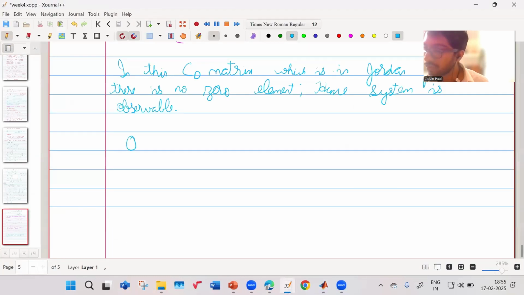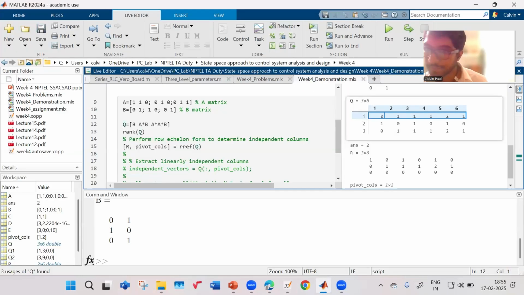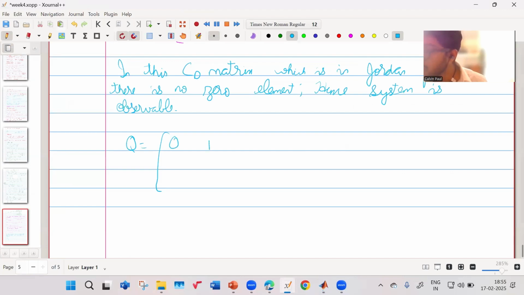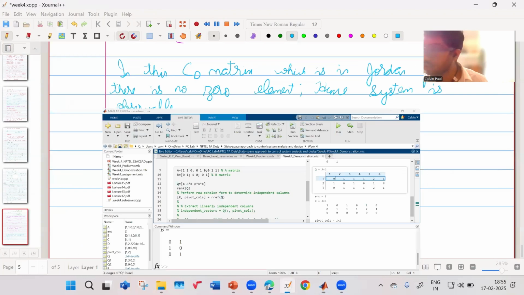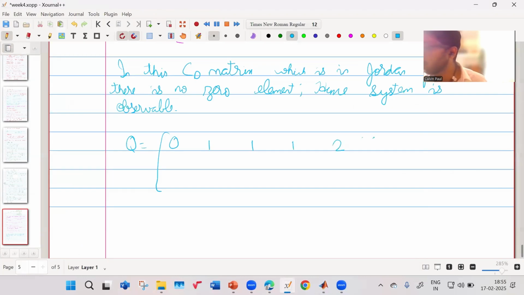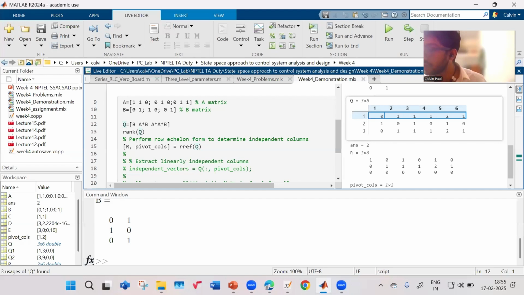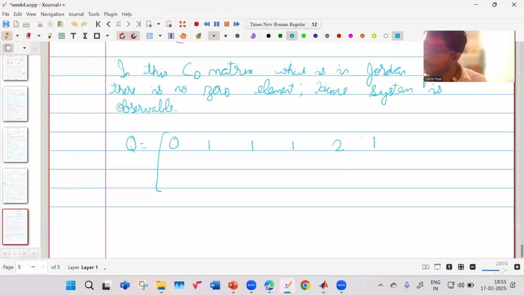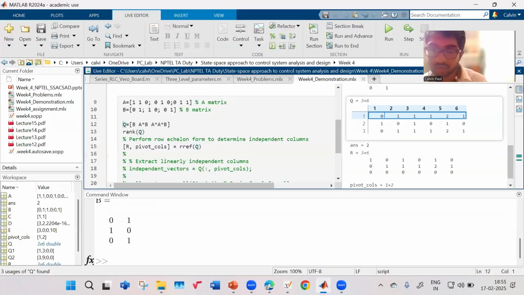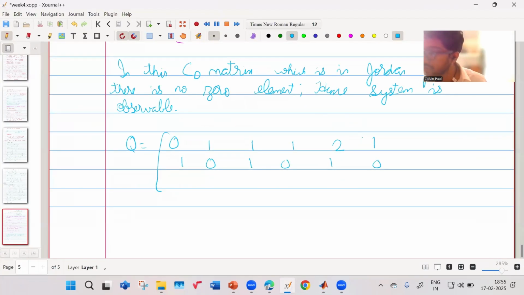Q, if you will see, is 0, 1, 1, 1, 2, 1, then 1, 0, 1, 0, 1, 0, 1, 0, 1, 0, 1, 0. And what is the third row? This is 0, 1, 1, 1, 2, 1.